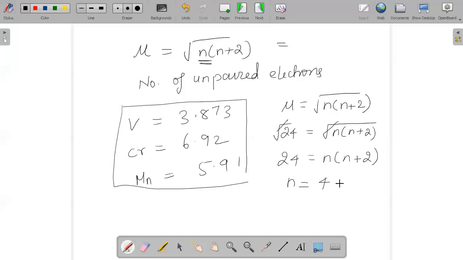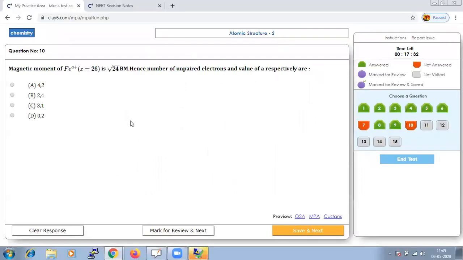And when n is equal to 4, you can conclude that it has 4 unpaired electrons. So when it is 4 unpaired electrons, very easily you can predict the configuration, and you could say that it is Fe2 plus. So the first value is 4, and A is 2.